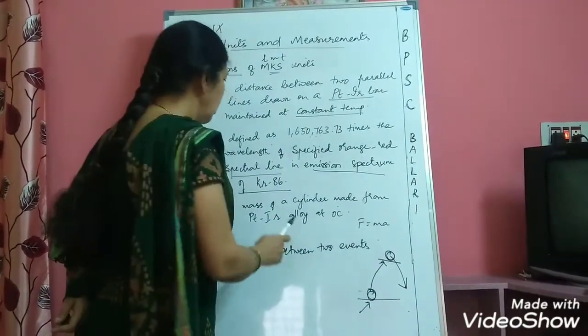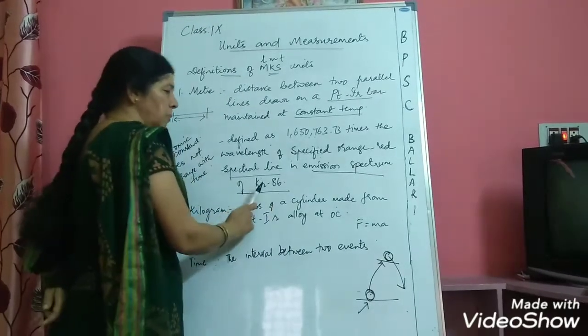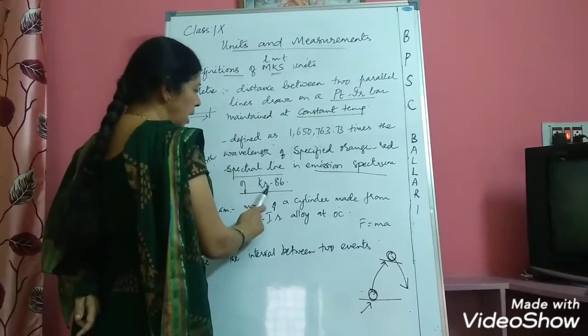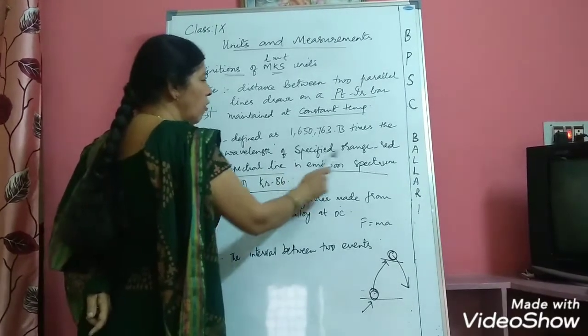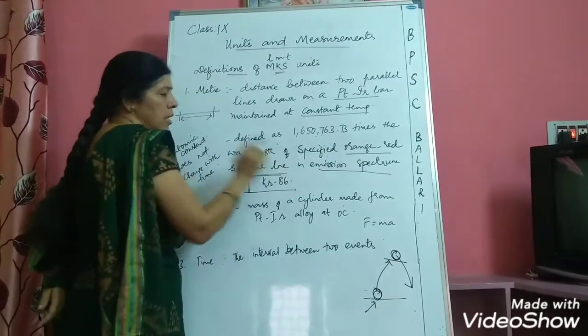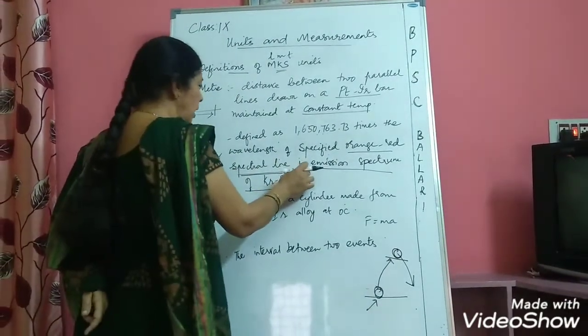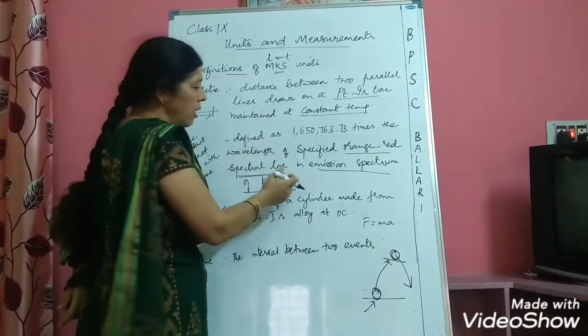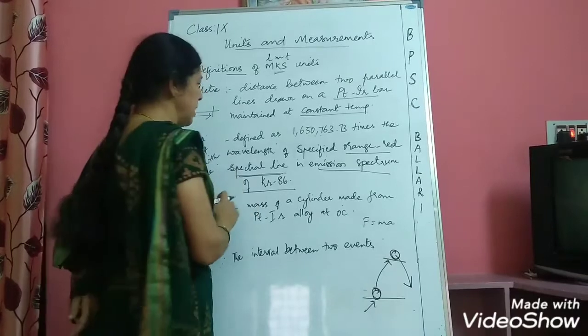Now even krypton 86 was subjected to such emissions, and according to that study, the wavelength of the orange-red spectral line which was obtained was studied, and the meter has been defined according to this spectral line obtained in the emission spectrum of krypton 86.